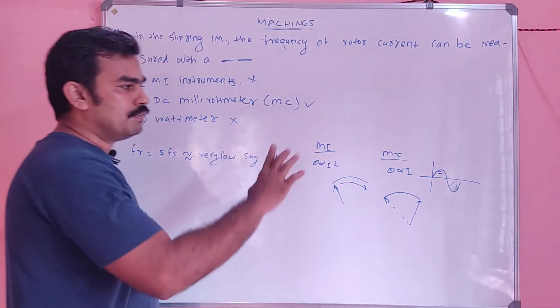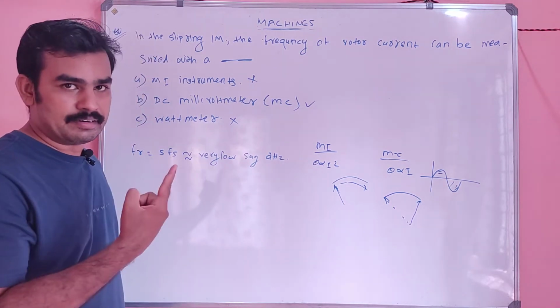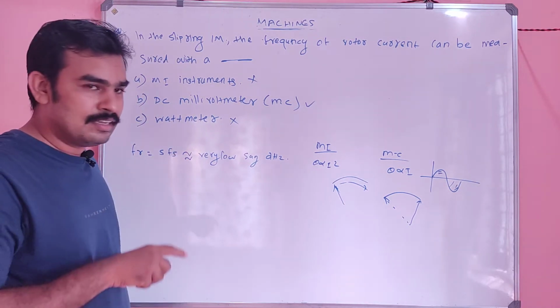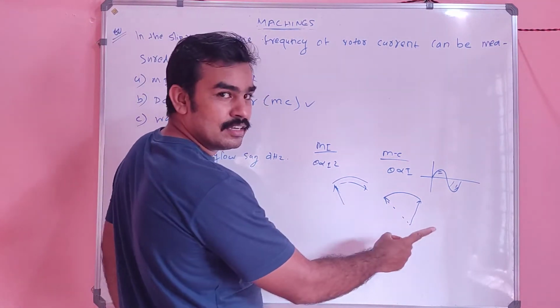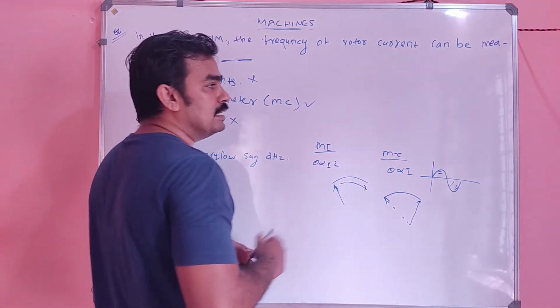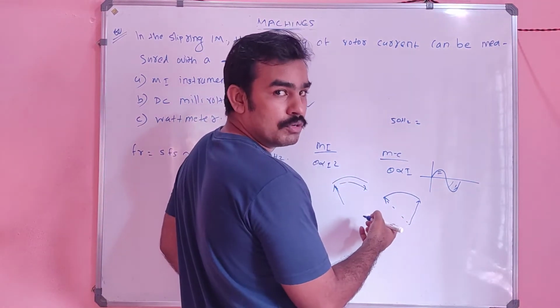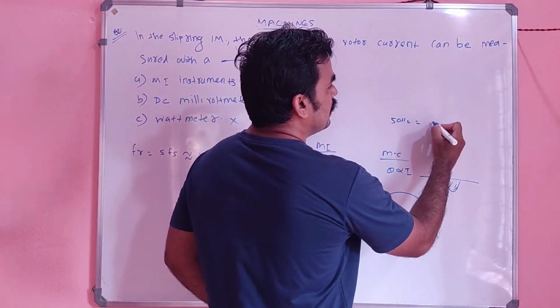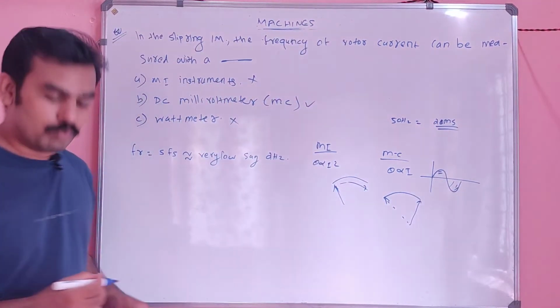If the frequency is very high, due to the inertia of the needle, we can't say that it will move here and here. If you apply a 50 Hertz supply to this moving coil instrument, 20 milliseconds is needed to complete one cycle.